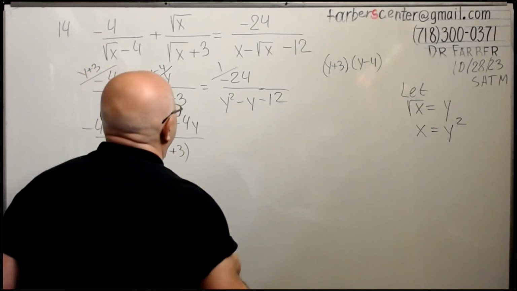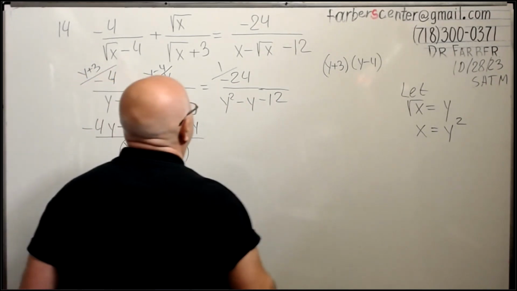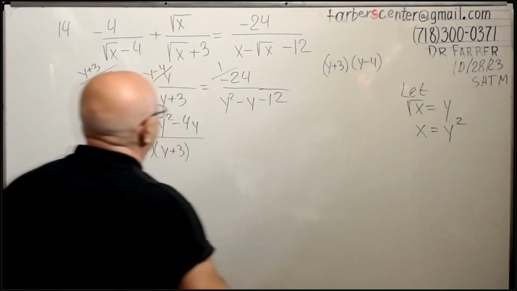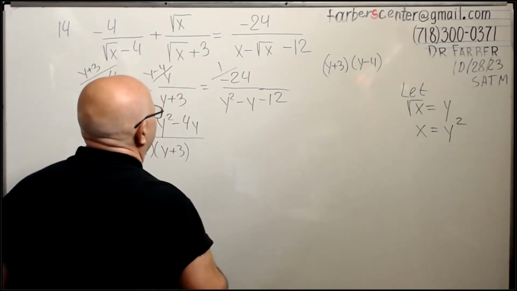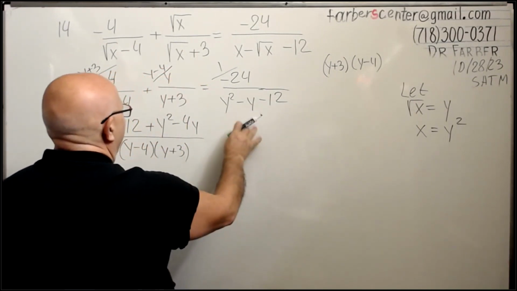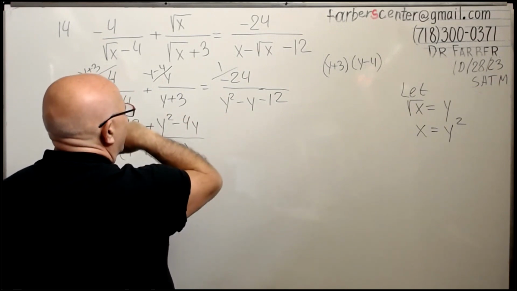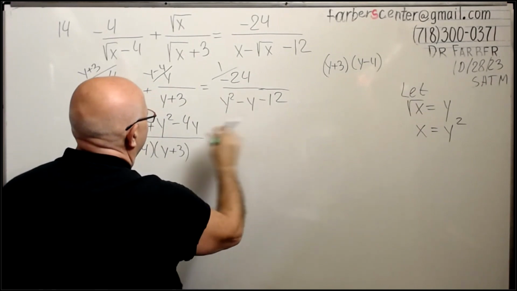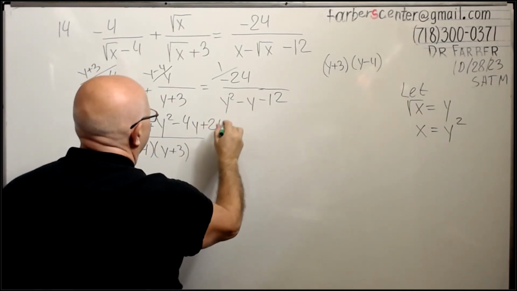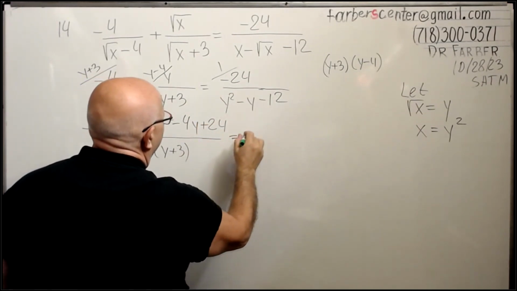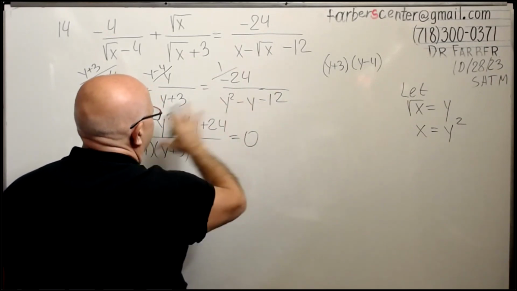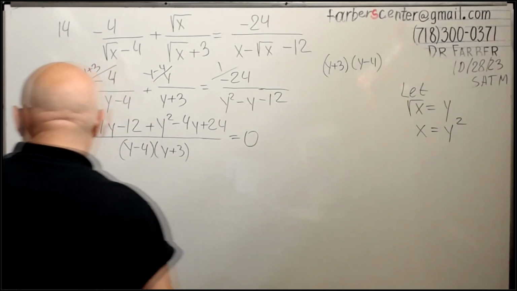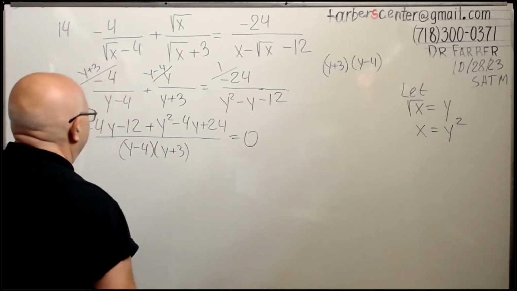Equals, you know what, I add to both parts the same value. To save time, because the denominator is the same, if I add here and there, the right part I get 0, and here I have 24. So what I did, I added this term to both parts. Since they have the same denominator, I added 24 to the numerator.